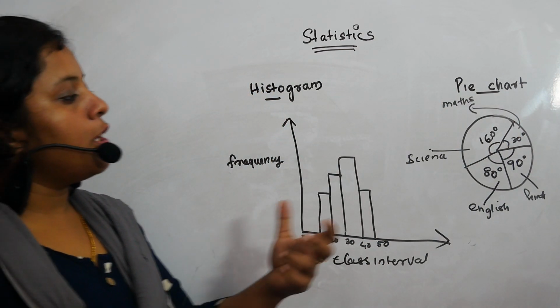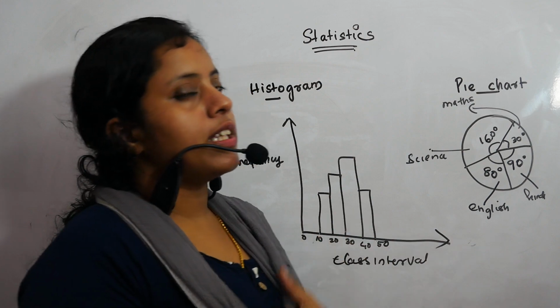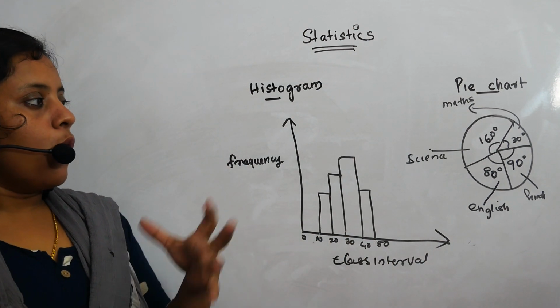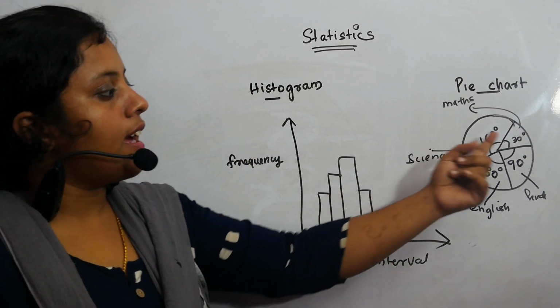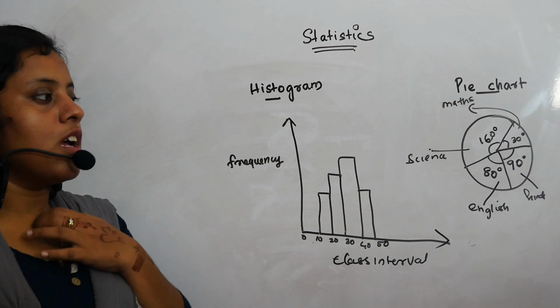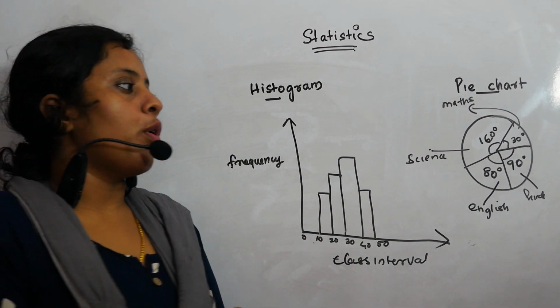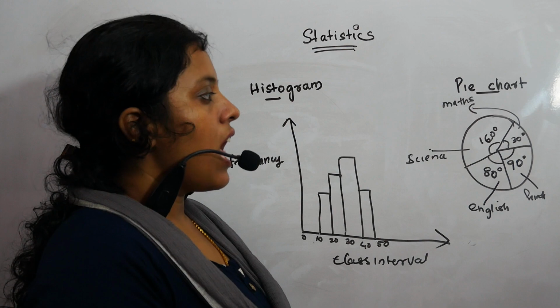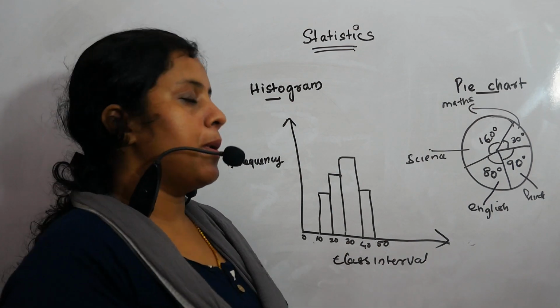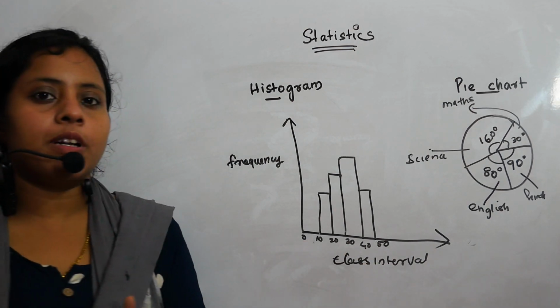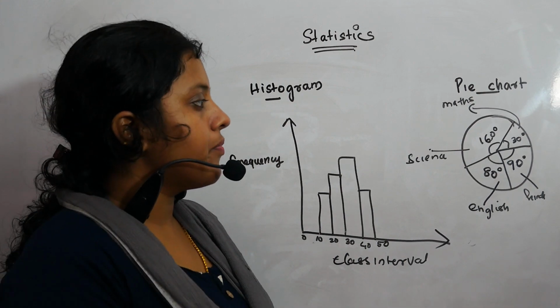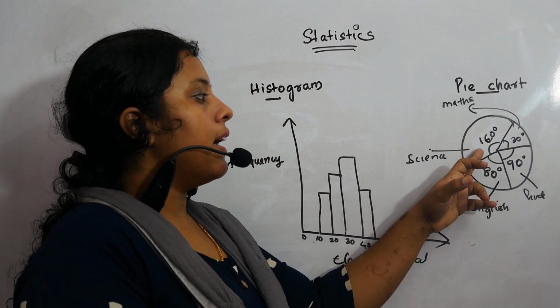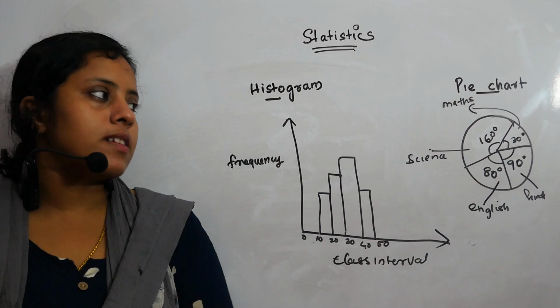This degree will be used to represent the number of things. We know that the total angle around a point is 360 degrees. If we have 360 people in a school, for example, then 1 degree corresponds to one person.